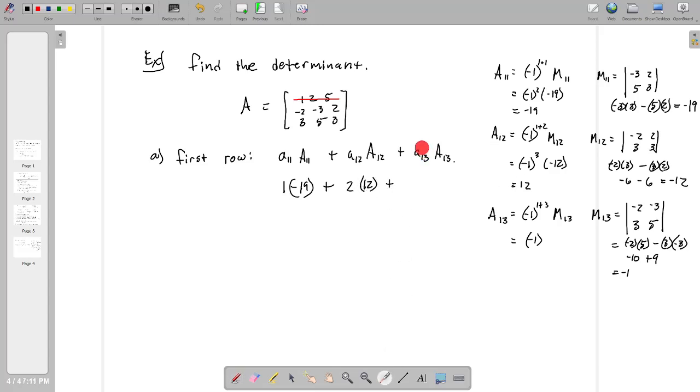Plus a13, which is 5, first row, third column, multiply that by the cofactor A13, which is negative 1. So we have 5 times a negative 1. And then we add all of these results. Negative 19 plus 24 minus 5. Negative 19 plus 24 is 5. 5 minus 5 is 0. So we end up with 0.